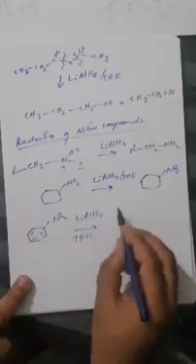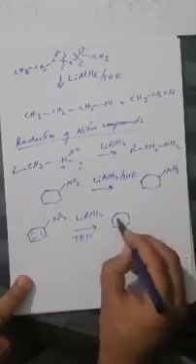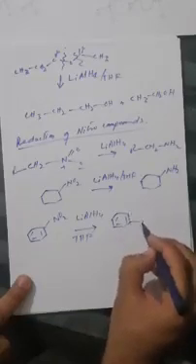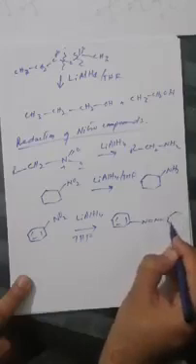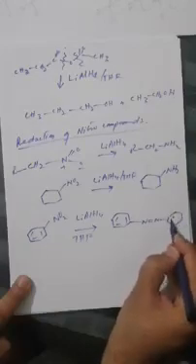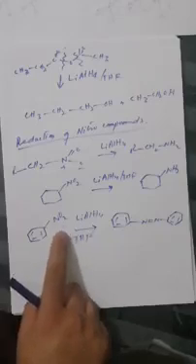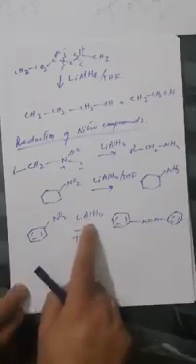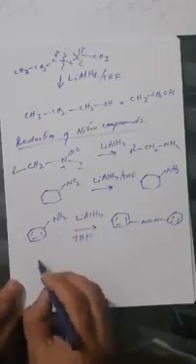But what happened? It changes into an azo compound. So it means that the reduction of the aromatic nitro compound using lithium aluminum hydride is also not a good choice.